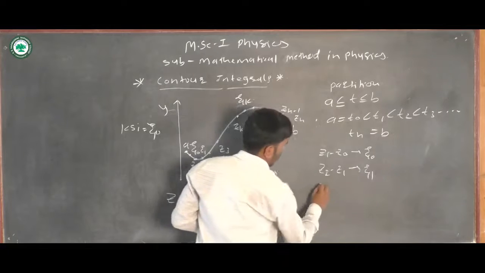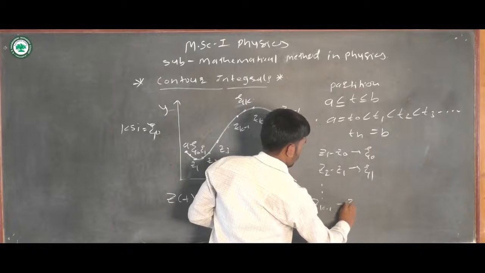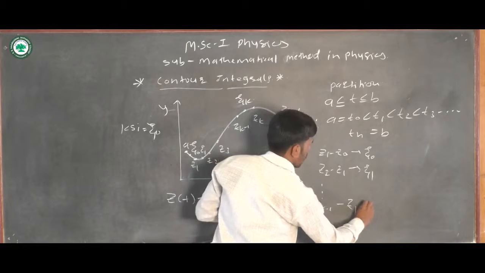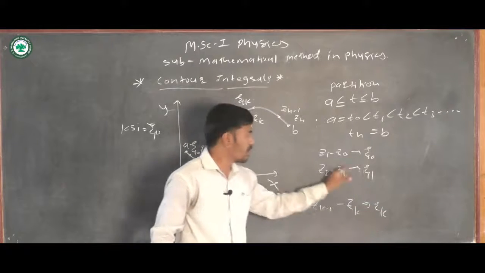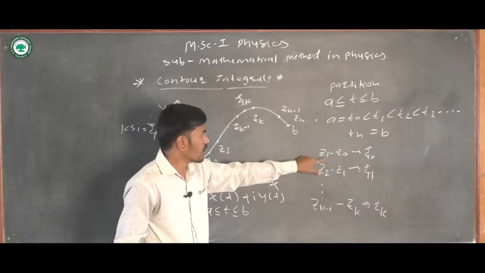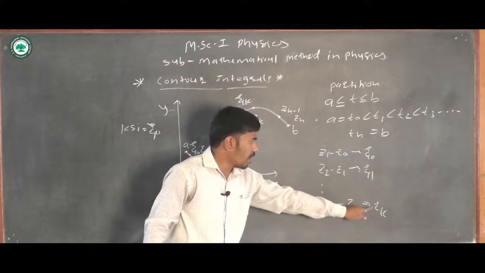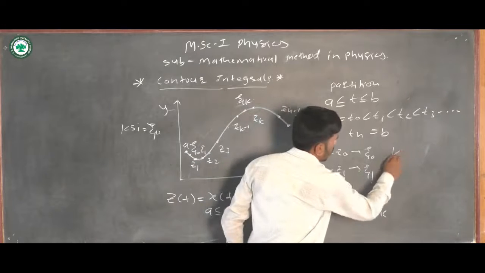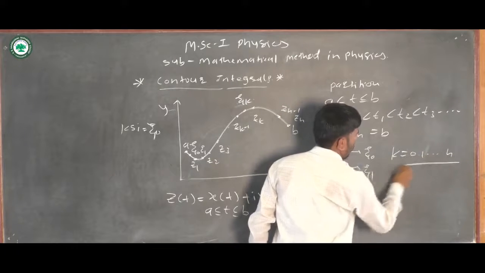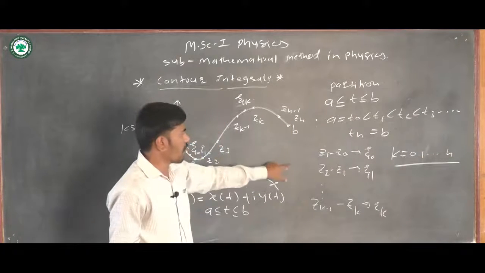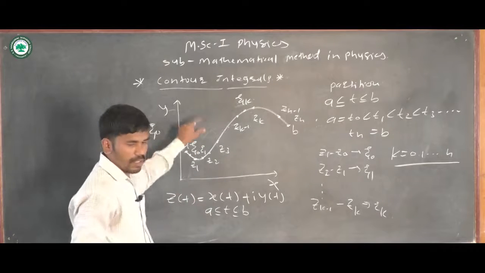Similarly, for zk minus 1 to zk it is psi k. These are the arbitrary points I am considering between the successive intervals z0, z1, z2, z3 up to zk, and this k value varies from 0, 1 up to n. Okay, so this is about the curve we are considering.